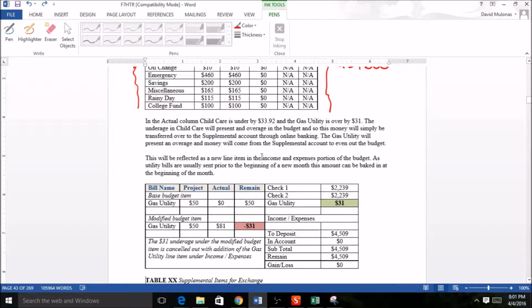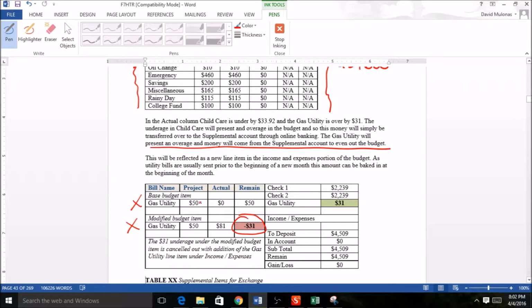So what we need to do is create a new line item to track it. Let me get my pen here. So what we say is we have an overage, right? And the money will come from the supplemental account to balance out the budget. We see right here we've added a little made-up grid. We have a base budget item of 50, which we know about. And we know that it came in at a negative 31 because of the $81.